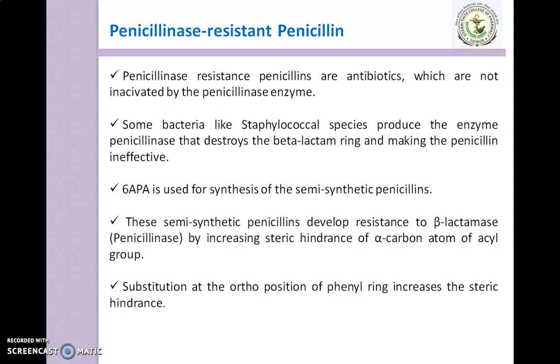These semisynthetic penicillins are produced from 6-APA, that means 6-aminopenicillanic acid, which can be produced on hydrolysis by the beta-lactamase enzyme.